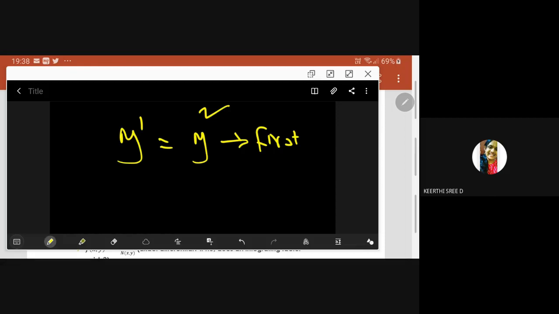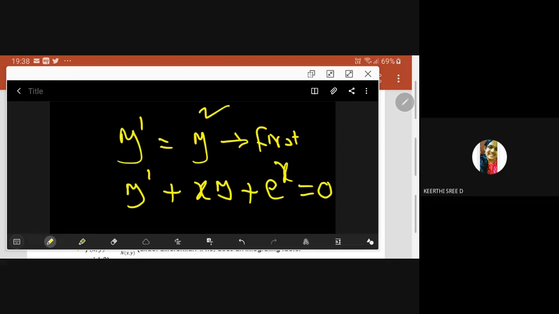But let's look at one more example. I am giving one more example: y dash plus x y plus e power x is equal to 0.